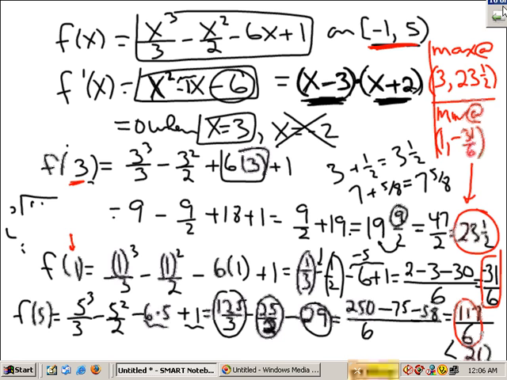Find f of all those x values you're going to keep. And then find f of the endpoints. The largest f value or y value is your max if that x value was included. Now we're talking about endpoints. And the least value is your possible min.